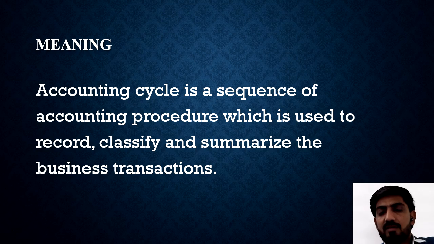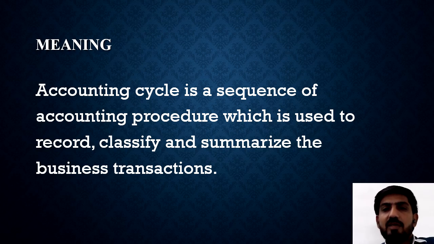Friends, the accounting cycle, first of all, we need to understand what is cycle. Cycle is nothing but the chain of interconnected activities. The one activity depends on the other and it goes on revolving in nature.